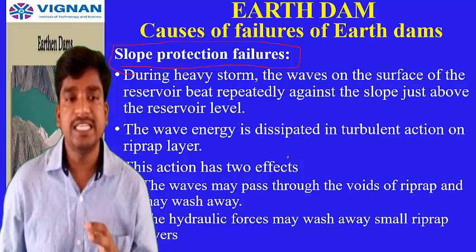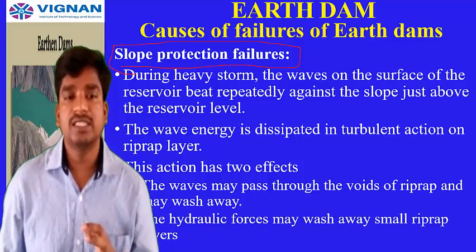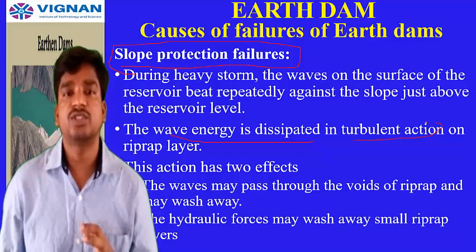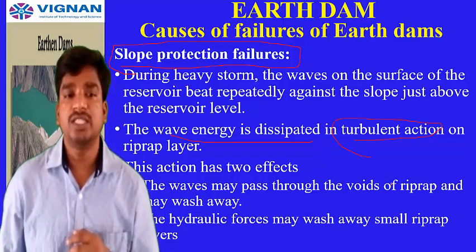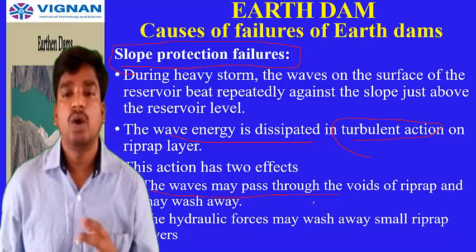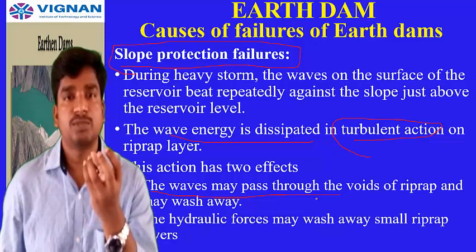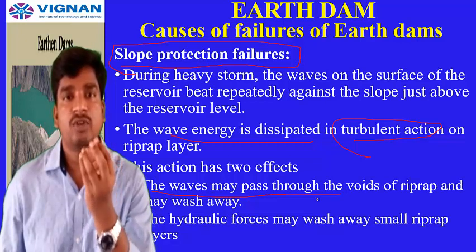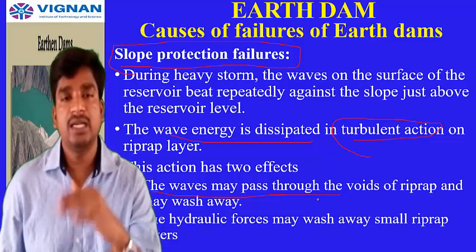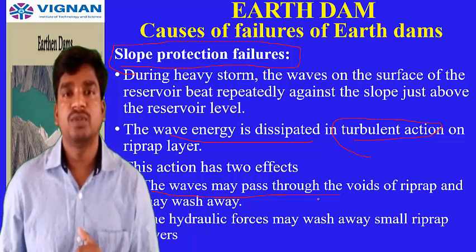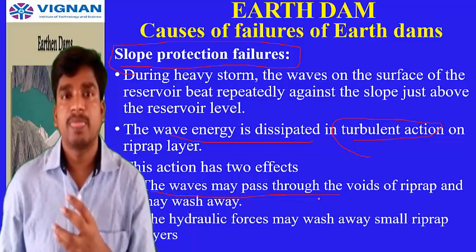Now, this wave energy dissipation is considered as turbulent action, and this action has two effects. One is the waves may pass through the voids of the riprap. Whenever there is a small riprap layer, small voids are there, so water may enter and pull out the entire inside material.